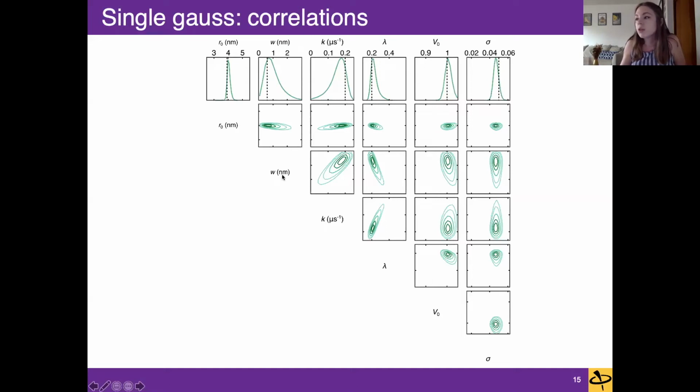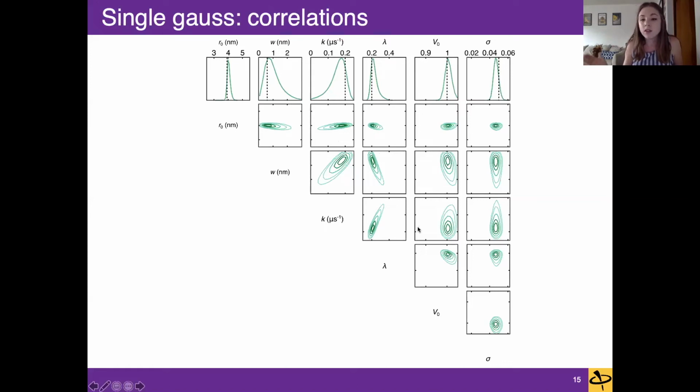When we look at this, we can see a significant correlation between the decay rate and the width, and the modulation amplitude, and the decay rate and the modulation amplitude. This is just indicative of how fully we can characterize the uncertainty with this method.